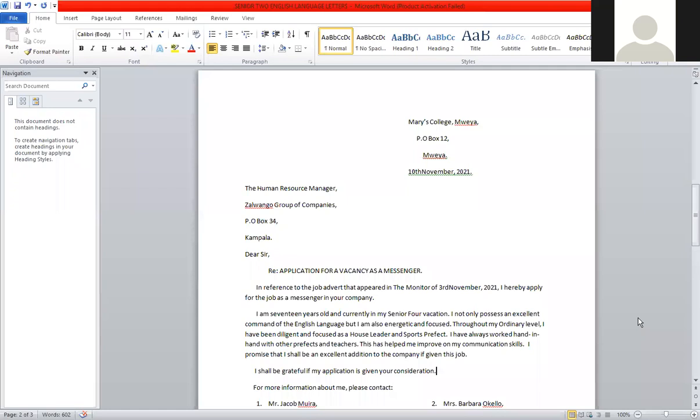And remember the body, you're supposed to give us the details, your details, maybe your age and your current level of education, and then the different qualities you possess. So I've said I'm 17 years old. Remember, I've just completed my senior 4. I'm 17 years old and currently in my senior 4 vacation. So that is the level of qualification. I not only possess an excellent command of the English language, but I'm also energetic and focused.